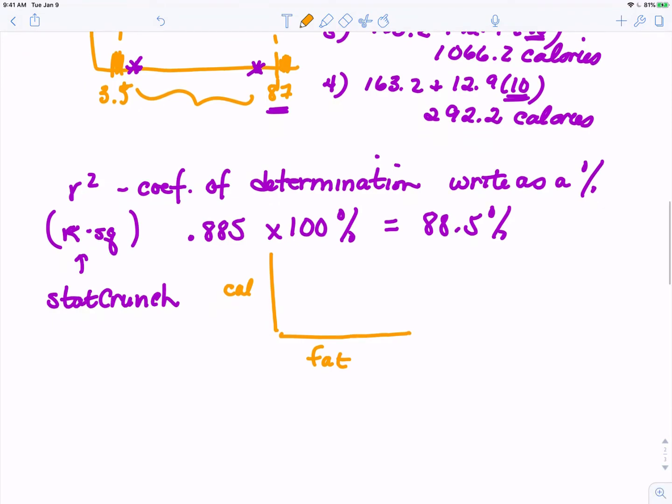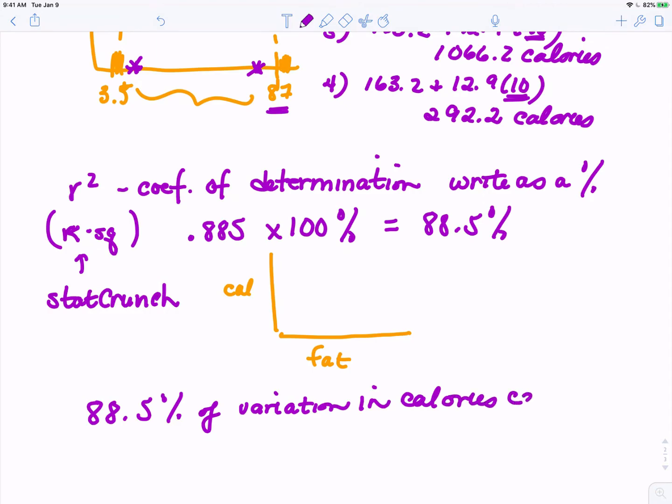So to interpret the coefficient of determination, it means that 88.5% of the variation we see in calories can be explained by the amount of fat contained in the item.